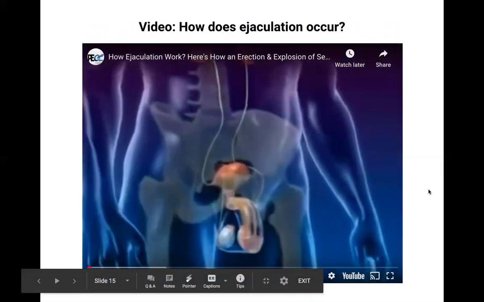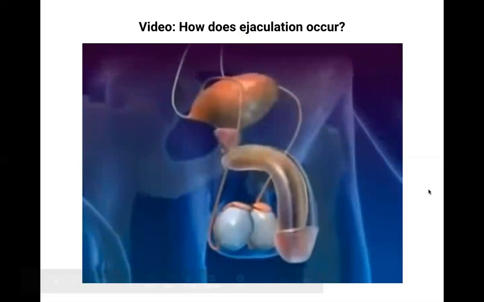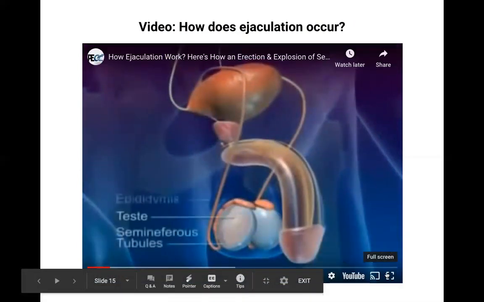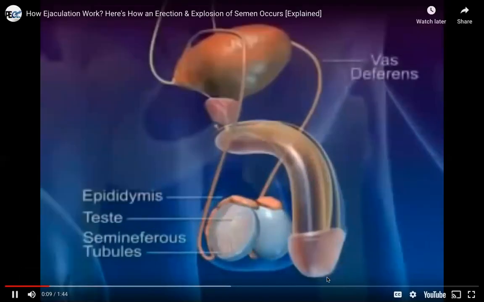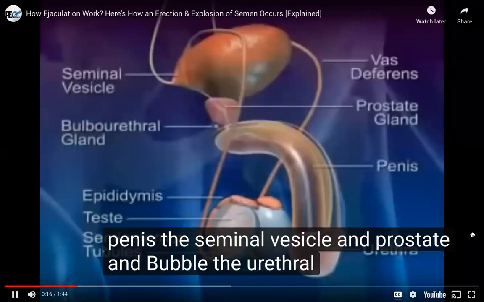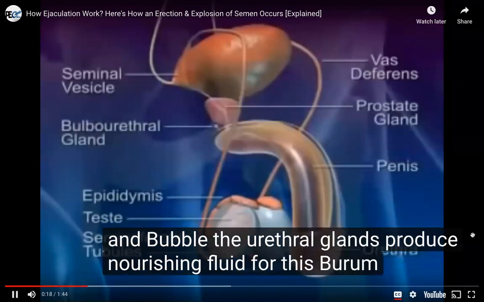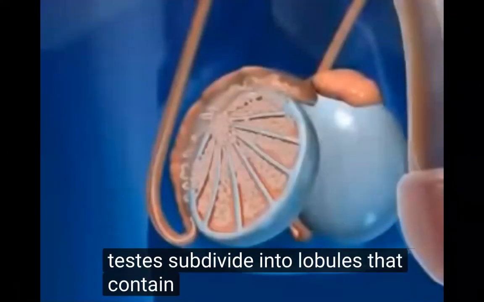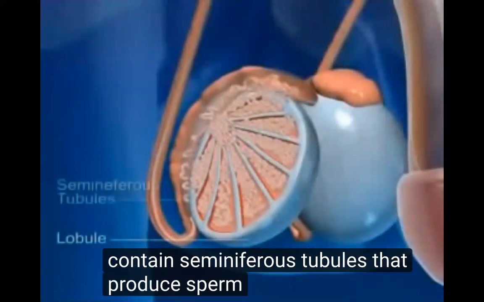The organs of the male reproductive system include the testes, seminiferous tubules, epididymis, ducts, urethra, and penis. The seminal vesicle and prostate and bulbourethral glands produce nourishing fluid for the sperm. The testes subdivide into lobules that contain seminiferous tubules that produce sperm.